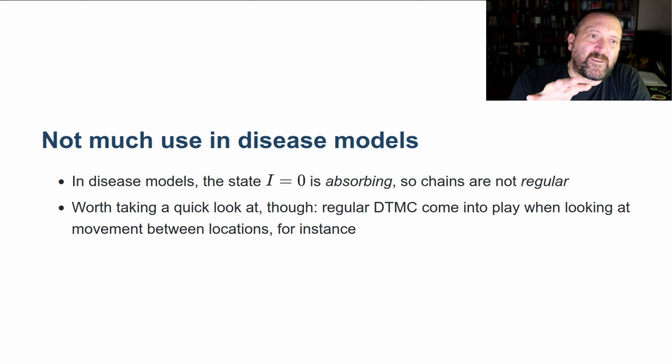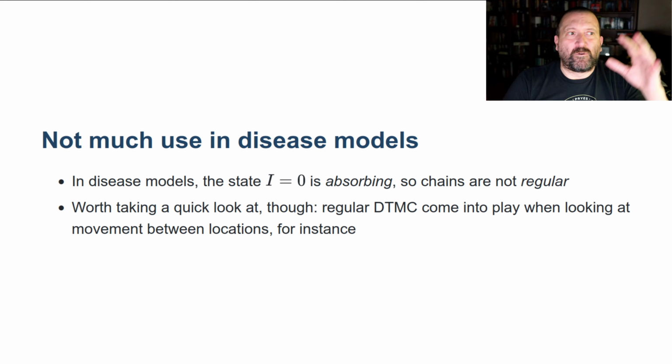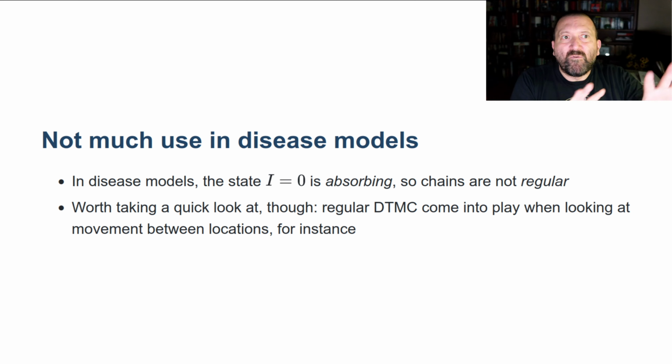But it's still worth taking a look at because it illustrates many interesting aspects in population dynamics. And also, although it won't play a role when you're modeling disease propagation itself, a regular discrete time Markov chain might come into play if you're looking at how people move between locations, for instance.